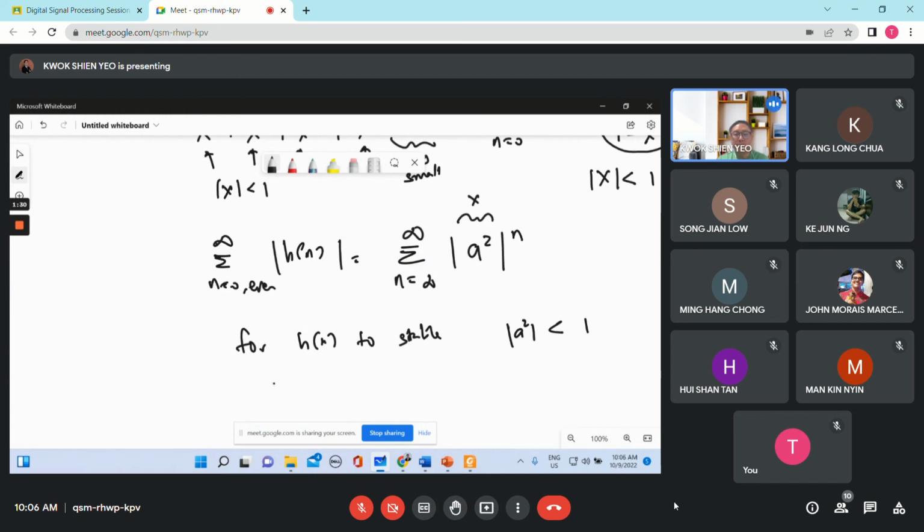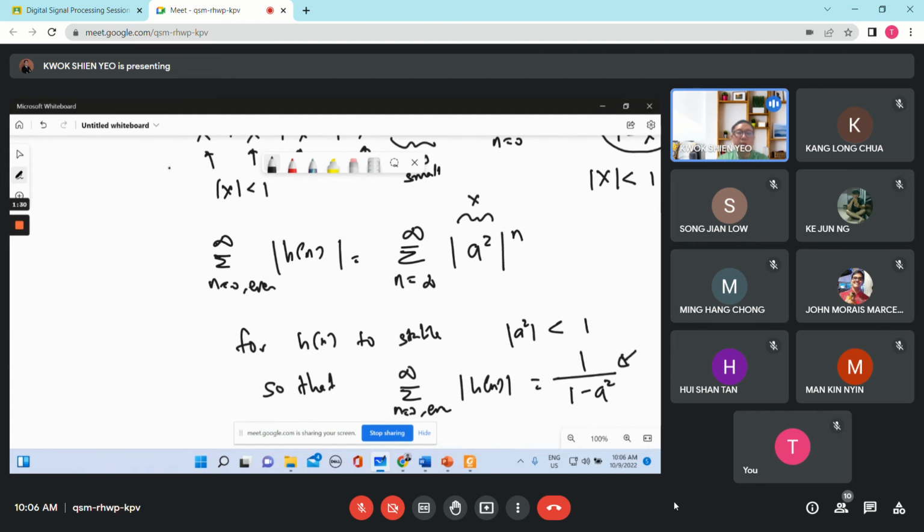Then the summation of Hn is equal to 1 over 1 minus a squared. So it will be stable for a smaller than 1, and it will converge to this value.